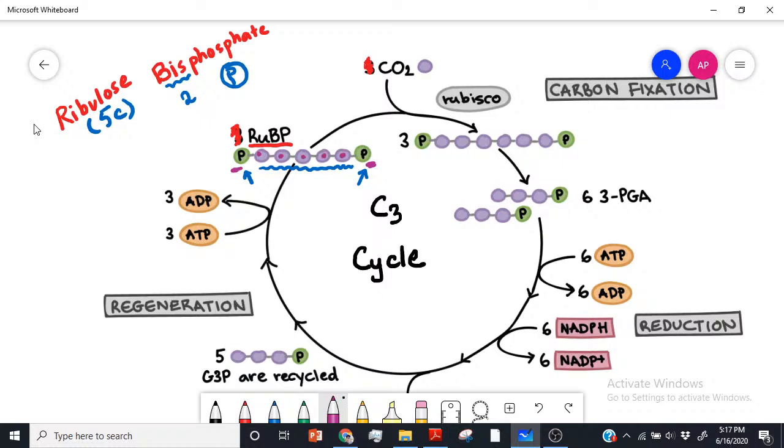With this 5 carbon sugar, there are 2 phosphate groups attached at 2 ends of it, right? So this is the meaning of the name ribulose bisphosphate.